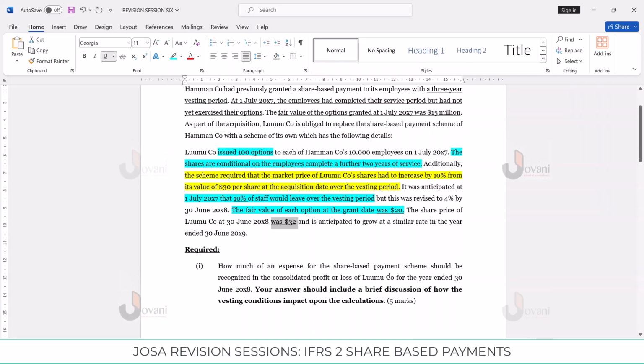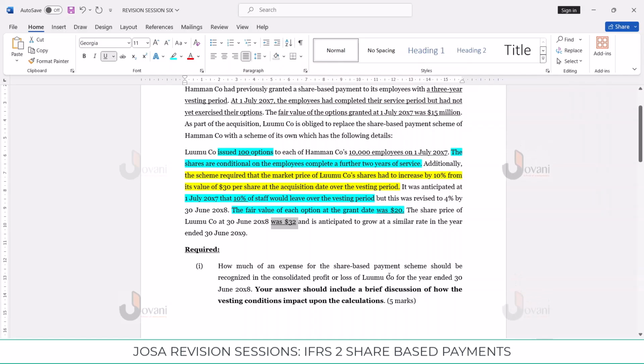They should be measured using the fair value of the equity instrument at grant date. Raymond, do you get that? Yes, I get it. So this is not enough to earn you a mark. They should be valued basing on the fair value of the equity instrument at grant date. That's when you get the mark.